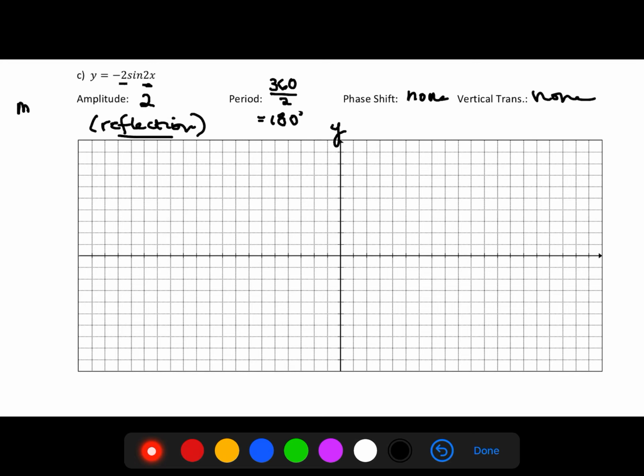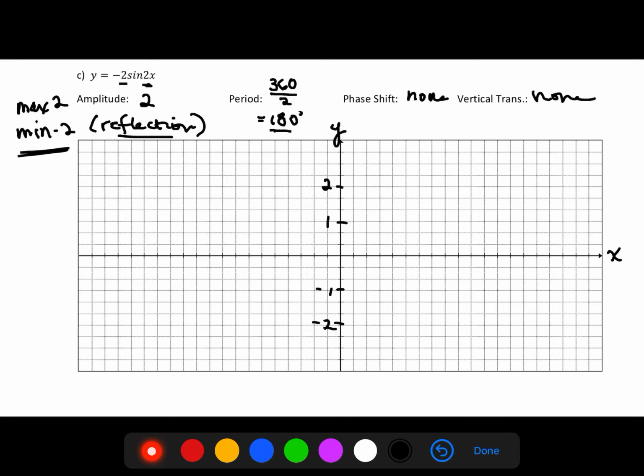So we know that our max is going to be 2, min is going to be -2 because we have a stretch by 2, but we have no vertical translation changing that. So we're going to label 1, 2, we need to go down to -2. And again, we're going to keep in mind our period is only 180.